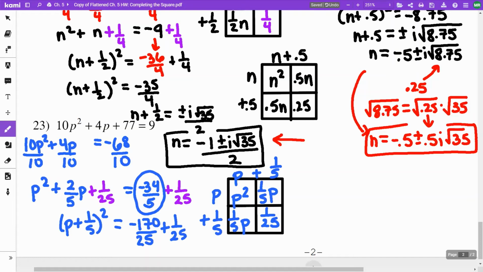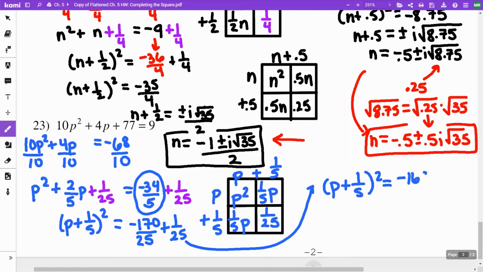I can also put this in the graphing calculator and it will do the math for you, or Desmos. So I'm going to end up with p plus 1 over 5 squared is equal to negative 169 over 25. Take the square root of this side, I get p plus 1/5. I take the square root of the other side, I'm going to get positive and negative 13/5 i.